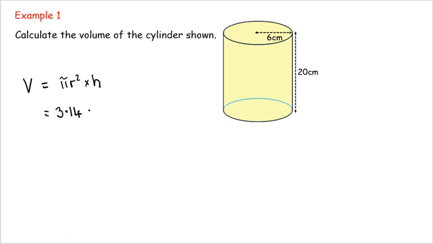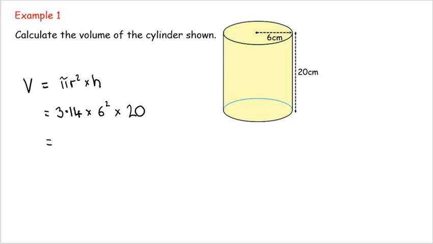So 3.14 multiplied by r squared, so 6 squared. That 6 is from the centre of the circle to the edge, so that's my radius, multiplied by the height, which is 20.